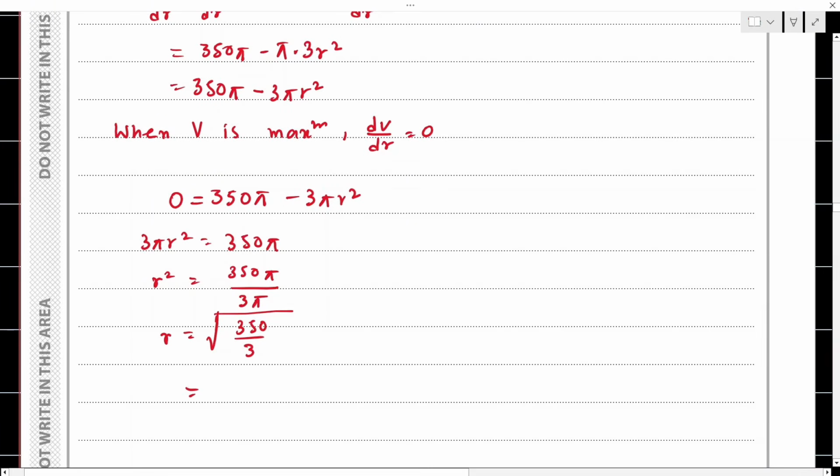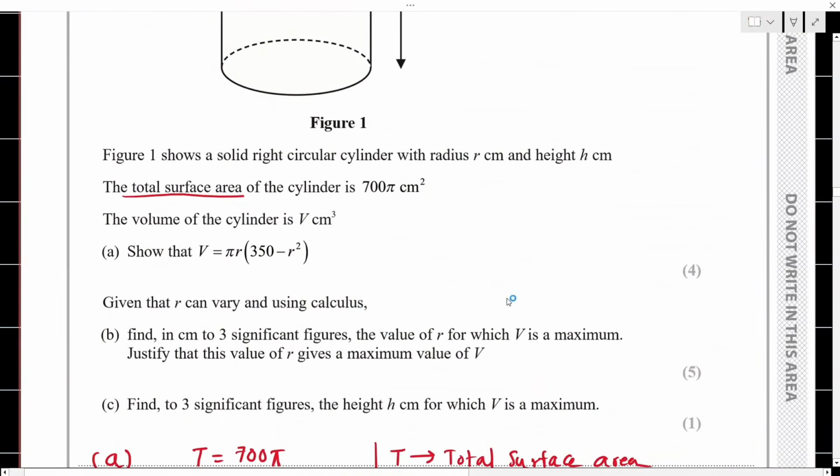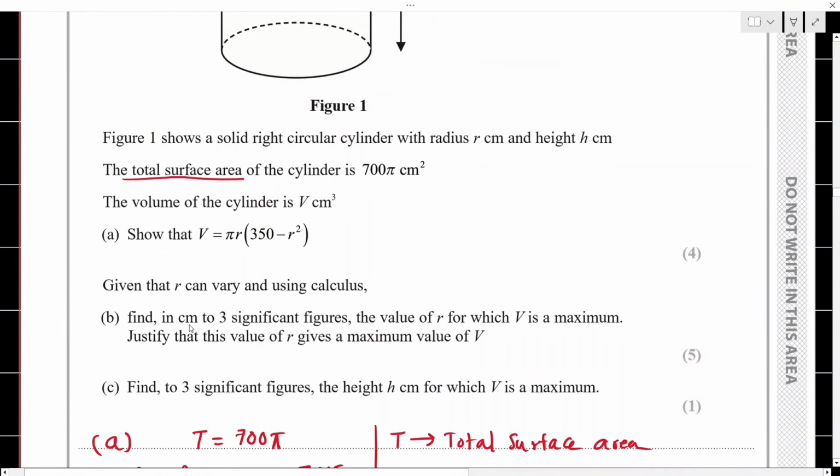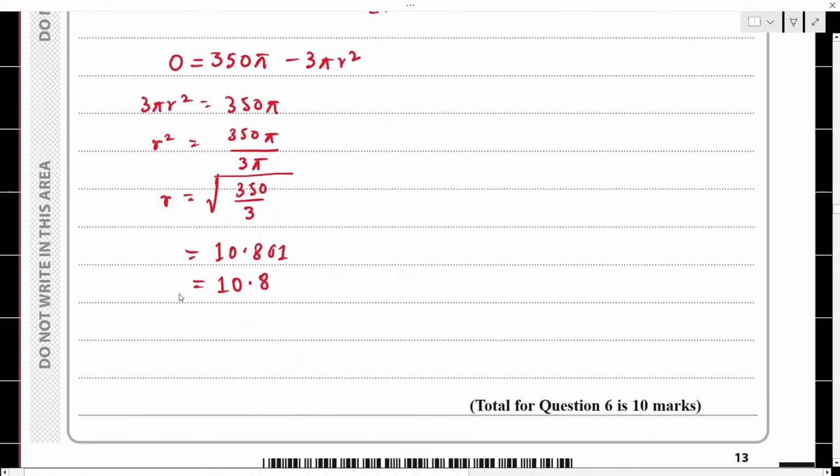And this will give us 10.801 from the calculator, and we have to write our value of r in 3 significant figures. And we know this from our question. In our question, we have to find in centimeter the value in 3 significant figures. So we have to write our answer in 3 significant figures. And we've written our answer in 3 significant figures. So this is a part of our answer.